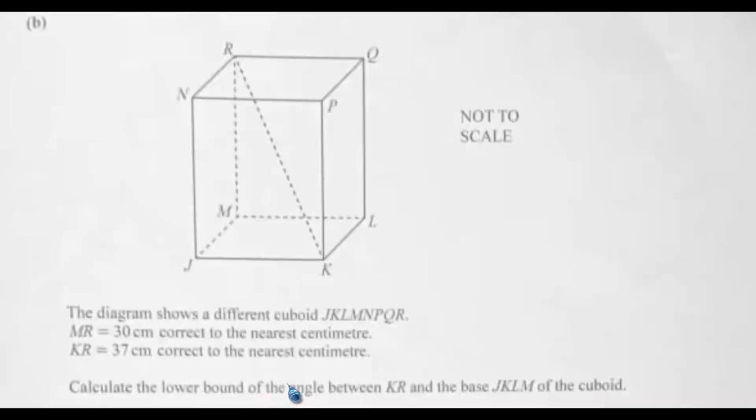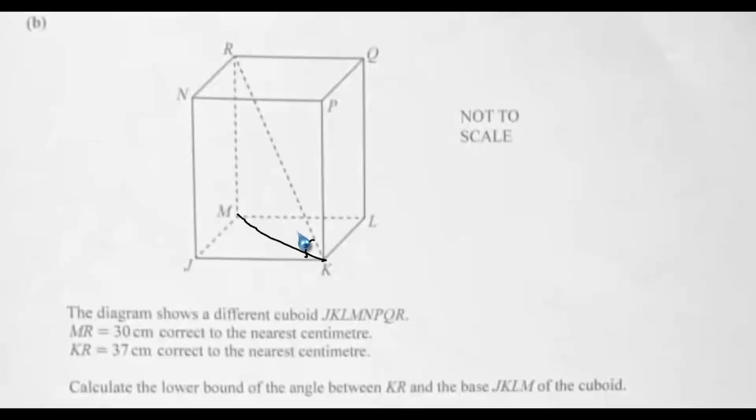Calculate the lower bound of the angle between KR and the base JKLM of the cuboid. That means we need the angle between this. Let's draw a line here like this. Okay, fine. So we need this angle.